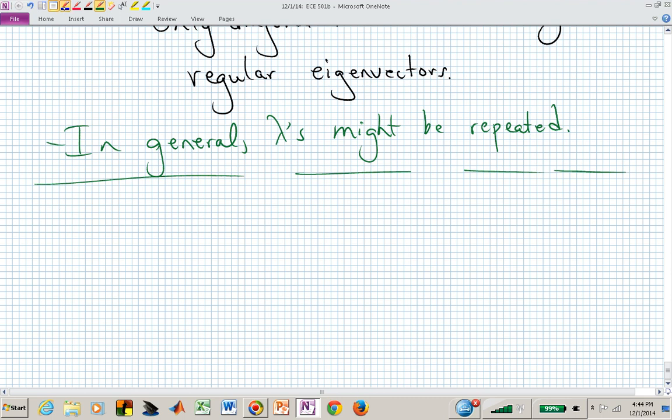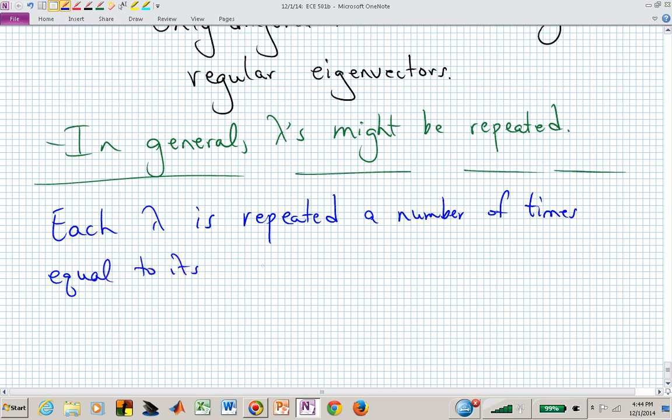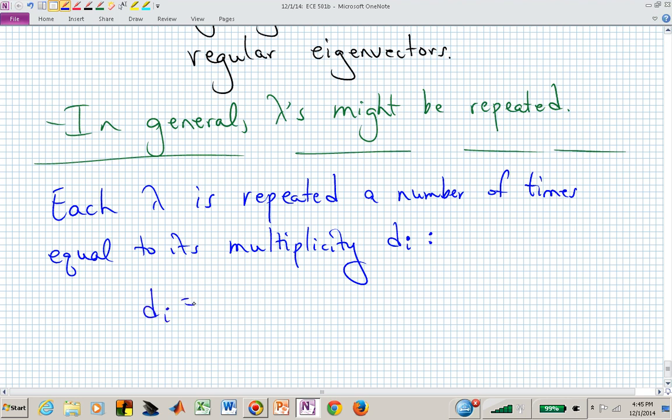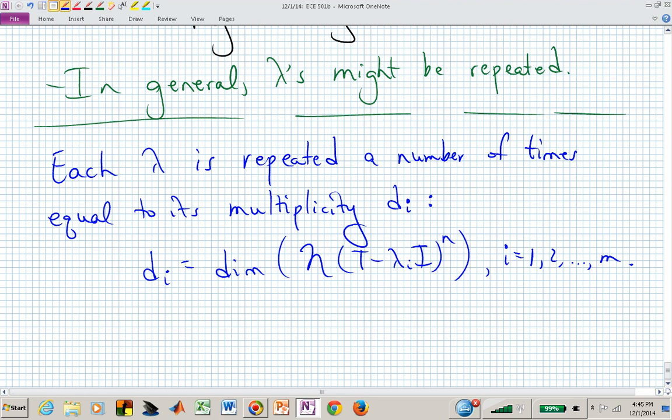So each lambda, let's say, is repeated a number of times equal to its multiplicity, which we were now labeling d sub i, where little d sub i is the dimension of the null space of T minus lambda sub i raised to the n, where i is equal to 1, 2, all the way up to our m distinct eigenvalues, and little n is the dimension of our underlying vector space, capital V.